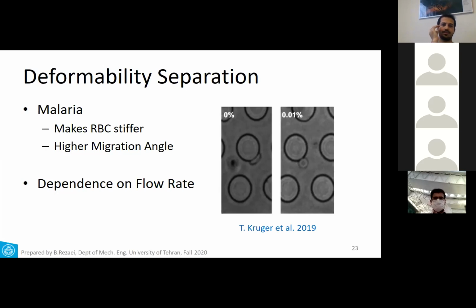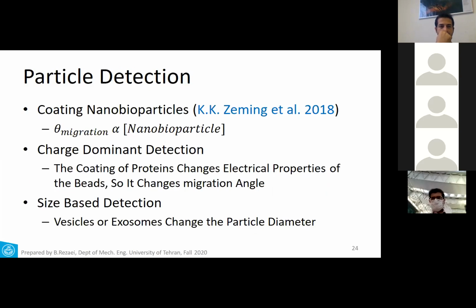So he used this, and he could separate the RBCs that are affected by the malaria. And okay, I think these are the last things.